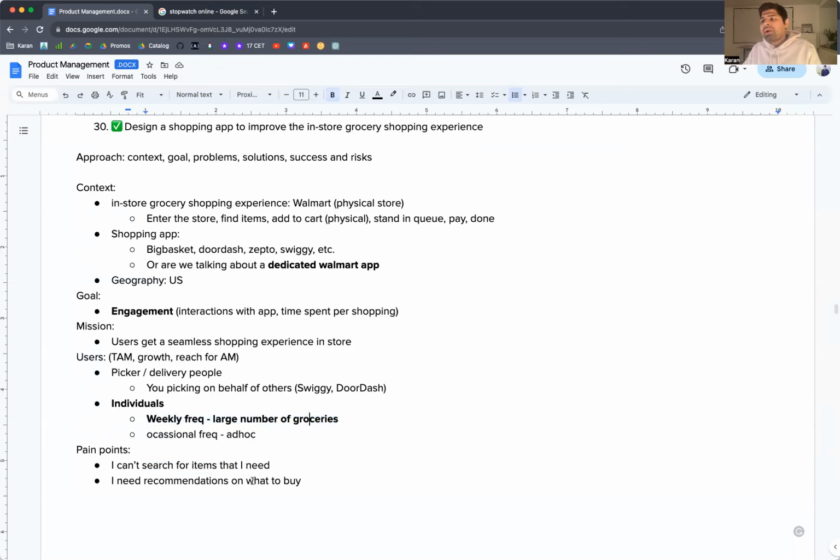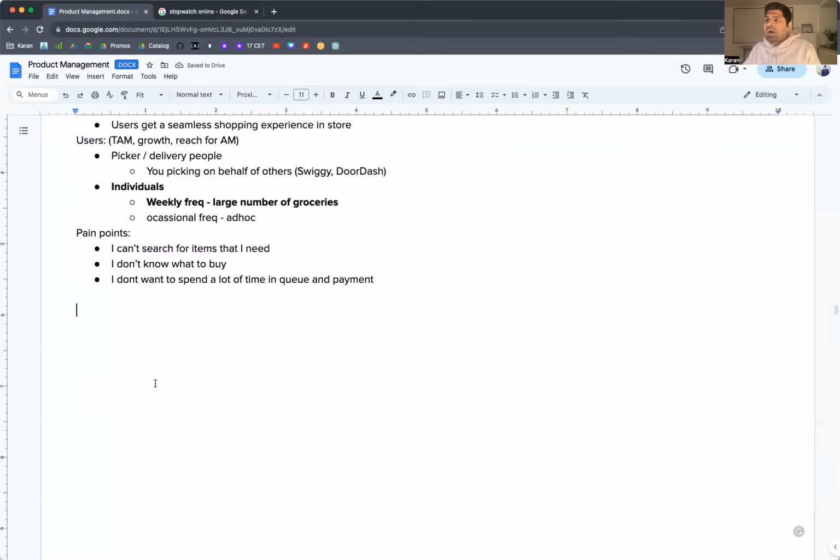So I want recommendations on what to buy. Sometimes I don't know what to buy. And then the final one could be, I don't want to spend a lot of time in queue and payment. So I think these could be our 3 pain points to focus on.